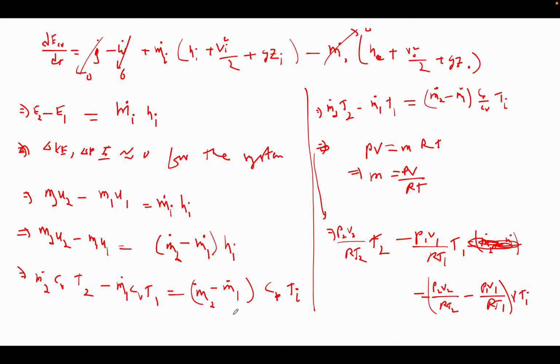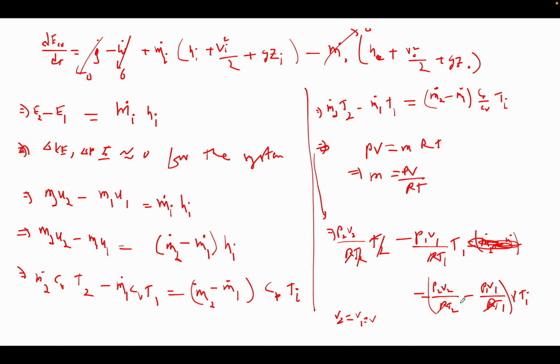Next, I can write this as (P2 minus P1) times V. Why? Because this is a rigid tank. Since it is a rigid tank, V2 is equal to V1 is equal to V. So this T2 will get cancelled, and I can cancel all the R's.